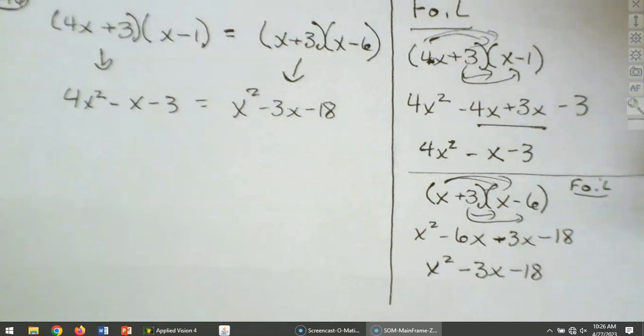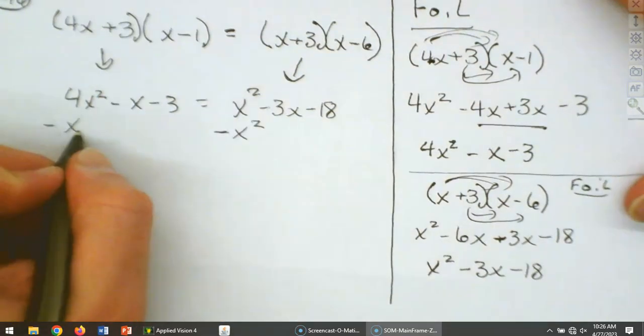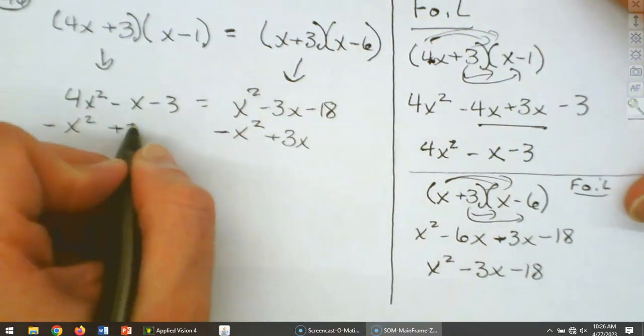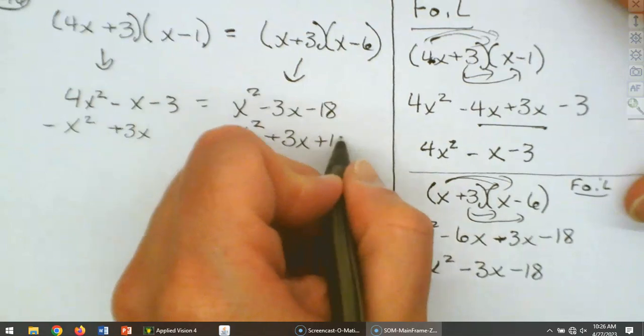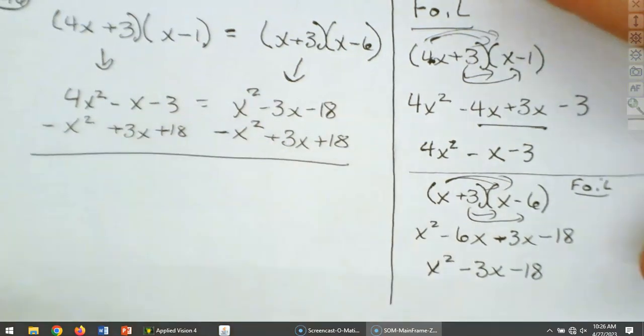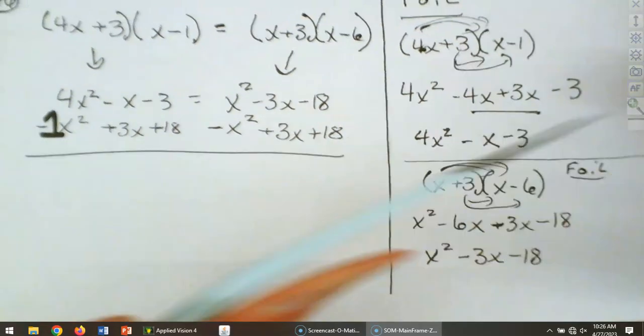So we're going to move everything over to make it equal 0. And I always like to move everything to the left. So we're going to take off an x squared here. We're going to add 3x here. And we're going to add 18 over here. Careful. Remember, this is a 1x squared here. So what do we have?